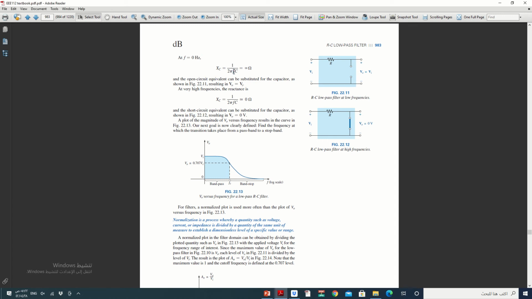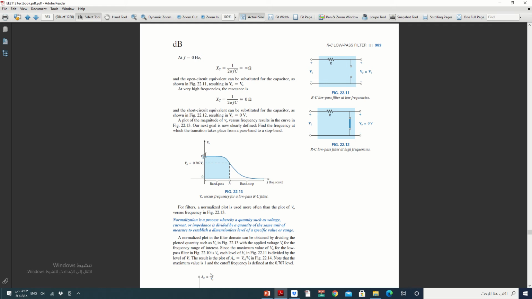If we substitute the frequency by 0, you will get infinity. Infinity means open circuit, which means V input equals V output. If you put 0 frequency at this point, you will get Vi equal V output.